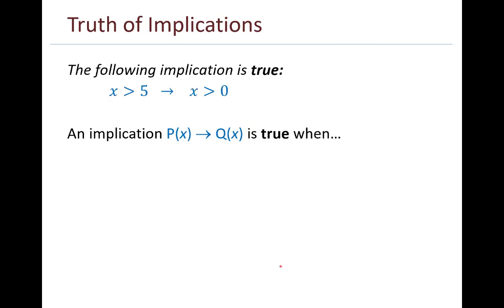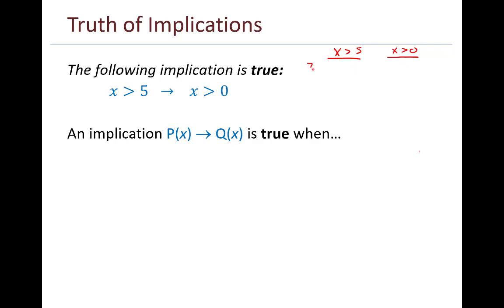All right, now curiously, analyzing true implications is a little bit trickier. Take x greater than 5 implies x is greater than 0. This is definitely true. There are times when the hypothesis is satisfied. I can use the number 7, in which the hypothesis is satisfied and the conclusion is satisfied as well.